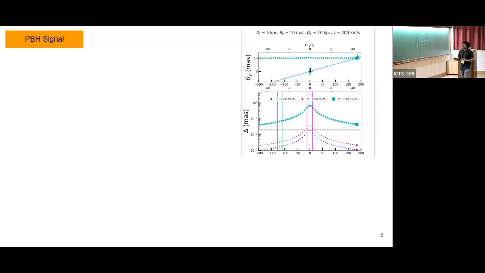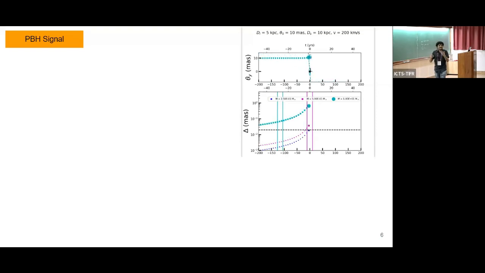You can see that the blue trajectory has a very small mass, something like 0.25 solar mass. And this is the detection threshold of Gaia. Your signal, which is this y-axis delta, the shift, has to be above this horizontal line so that Gaia can detect it. If the mass is 0.25 solar mass or below, this blue trajectory would come up to this threshold, but the duration for which it is above the threshold will be very small.